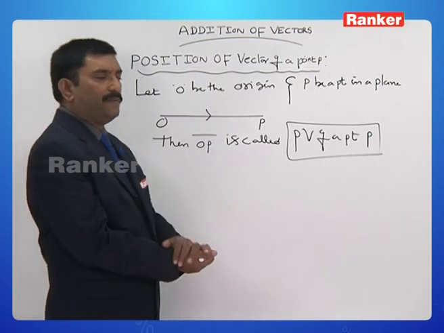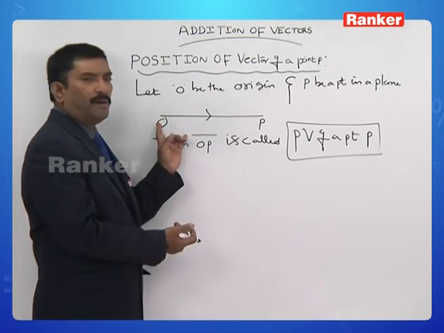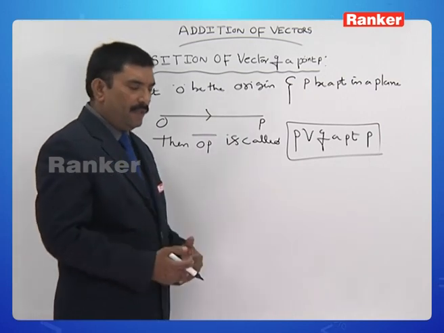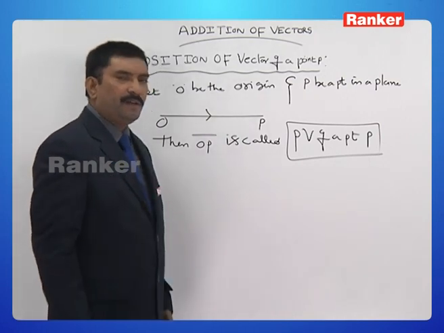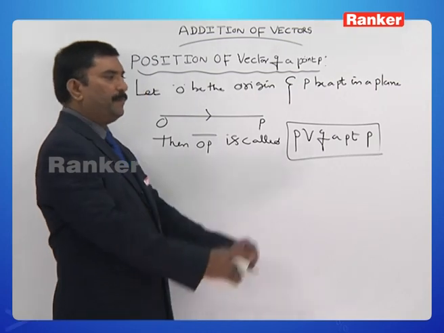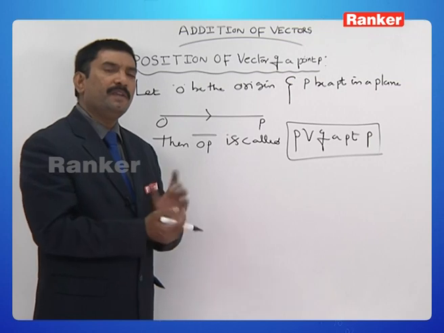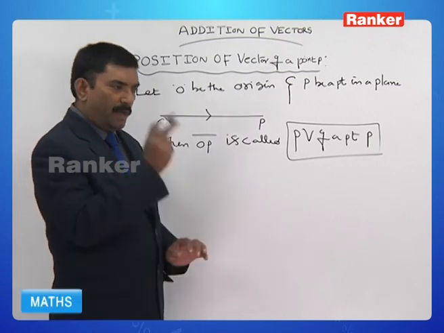So now look here, for example, let O be the origin, P be a point. Wherever I stand, this is my origin. Now some particular point I want to reach, that is taken as P, any point in the space.